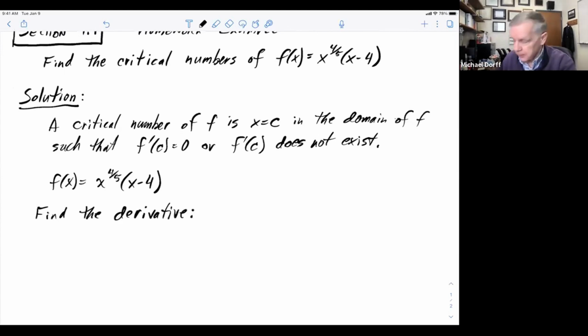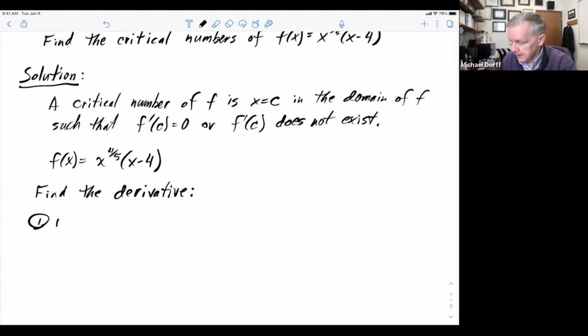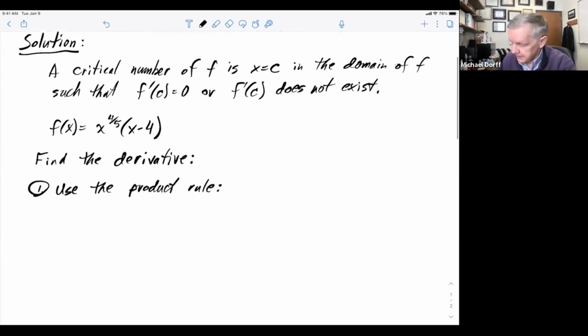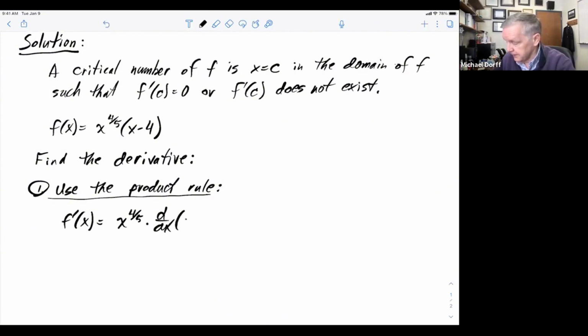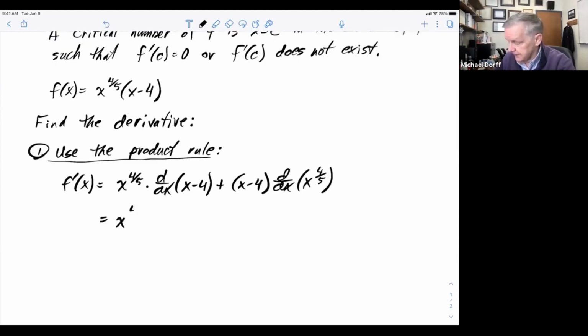I think a lot of people, the first method they would use is the product rule. So to find the derivative, I'm going to get the first term, x to the 4/5, times the derivative of the second term, plus the second term times the derivative of the first term. So I have x to the 4/5, and the derivative of x minus 4 is just 1.